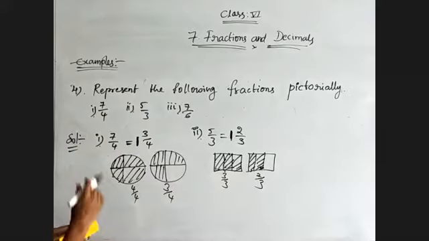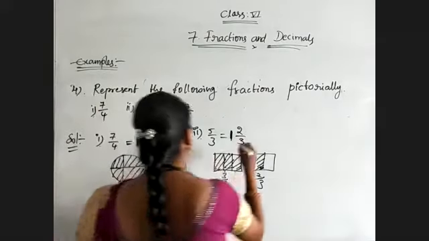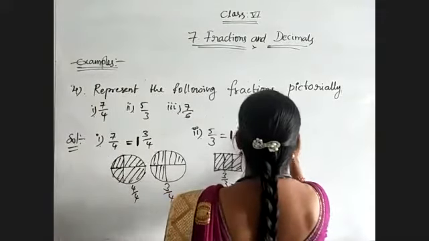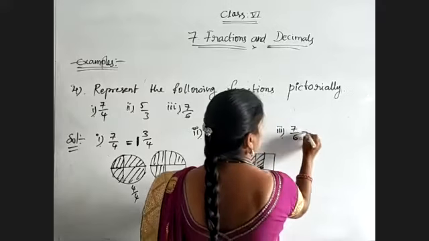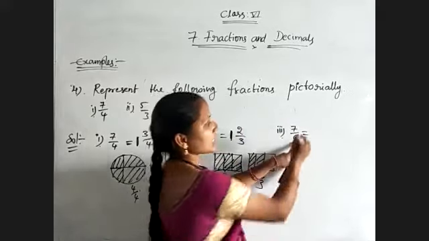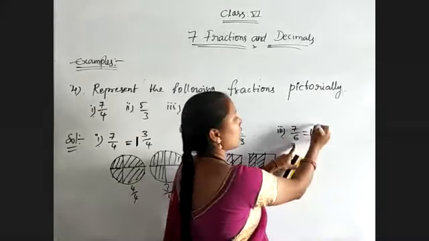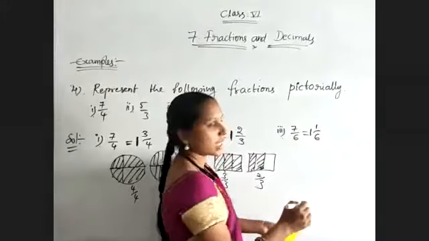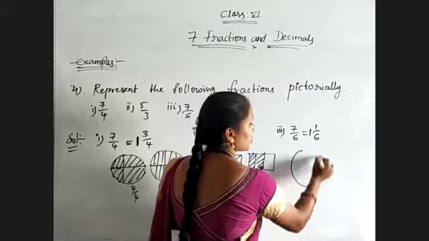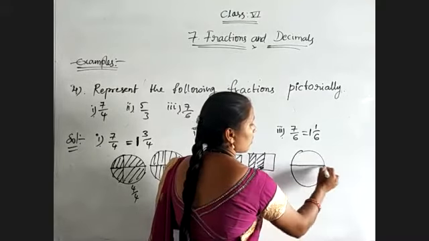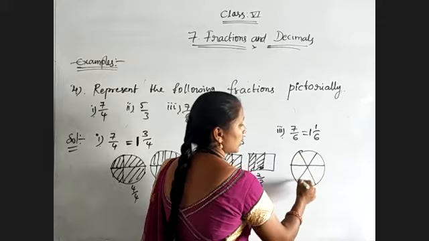Okay. And coming to the 7 by 6. 6 ones are 6. 6 finished out of 7. Only 1 is left. So 1 by 6. I am using a circle to represent this. 1, 2, 3.